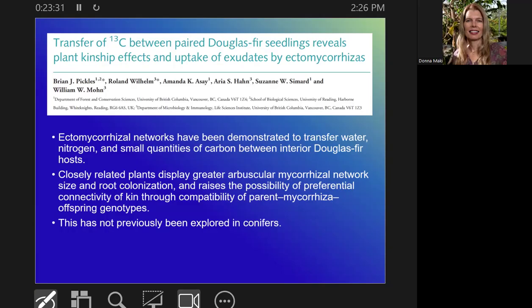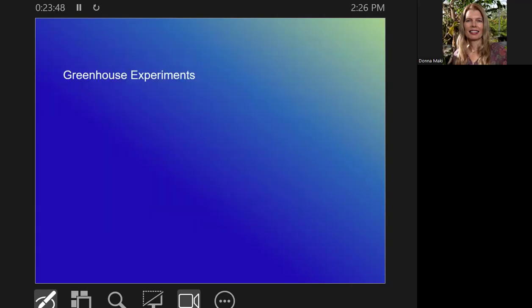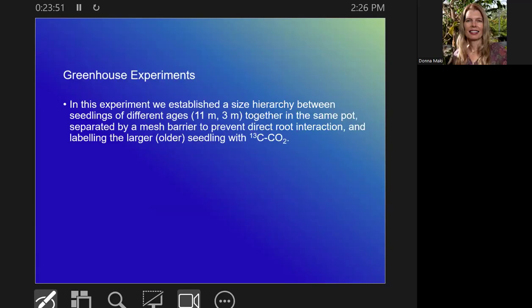A lot of work is done with the arbuscular mycorrhizal fungi because a lot of those plants are plants we care about for crop production. But she wanted to see what would happen with ectomycorrhizal fungi. So they did some greenhouse experiments with different ages and sizes of Douglas fir seedlings, 11 months old and 3 months old when they were taking the data.